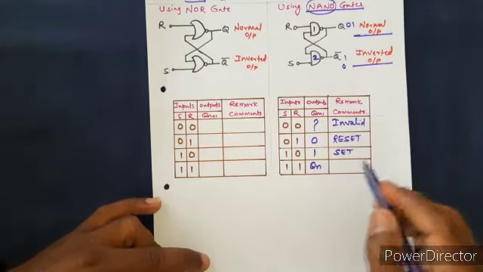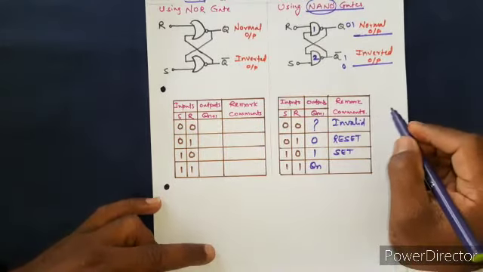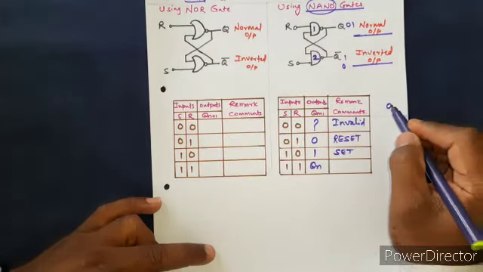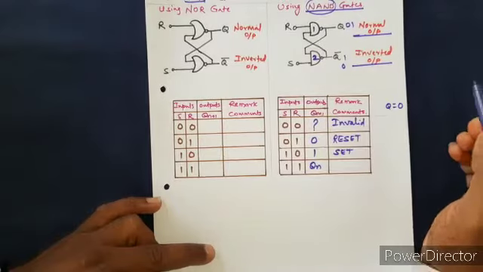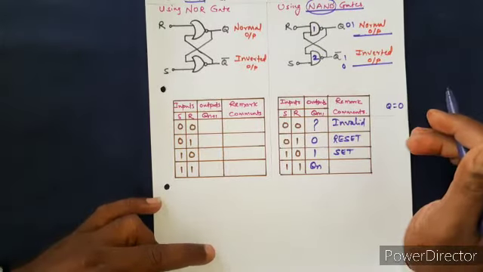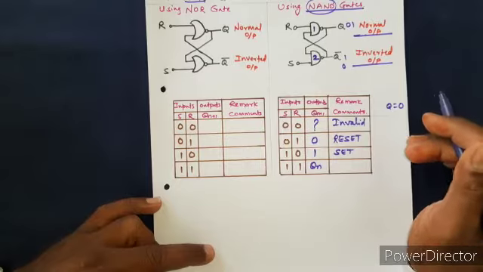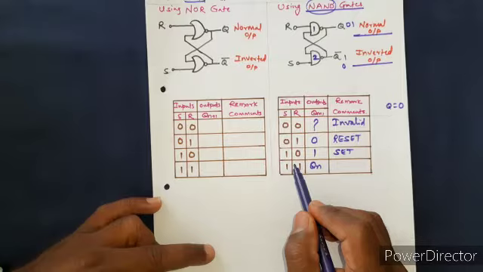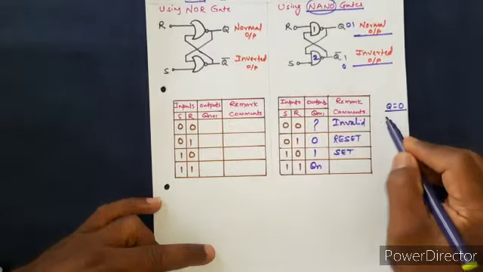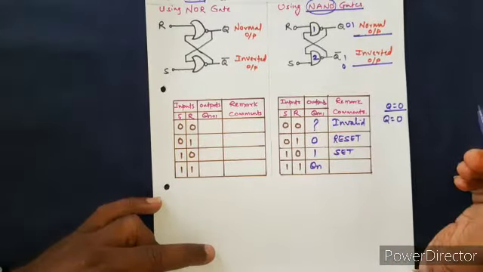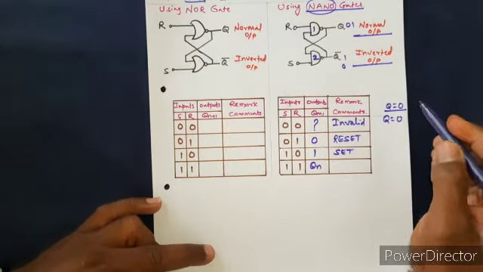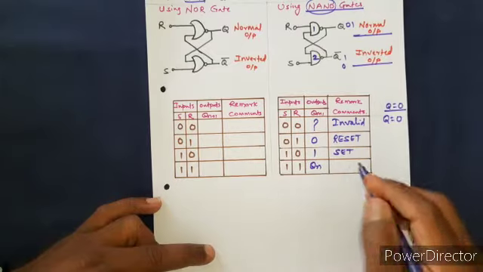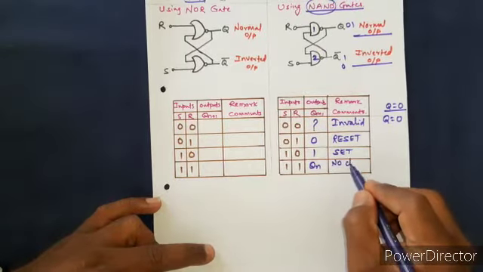Consider that if Q was 0 previously, and now we apply S equal to 1 and R equal to 1, then your output still remains Q equal to 0, meaning it is not changing. So this state is called no change.